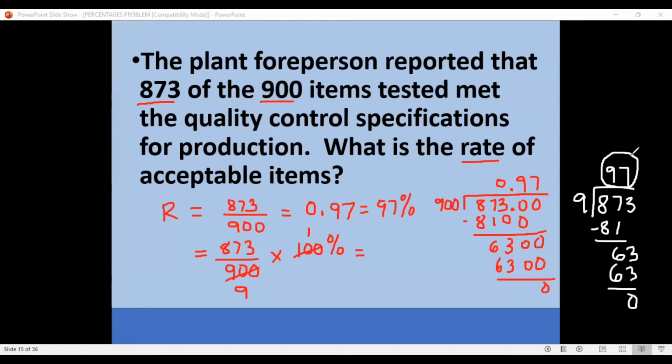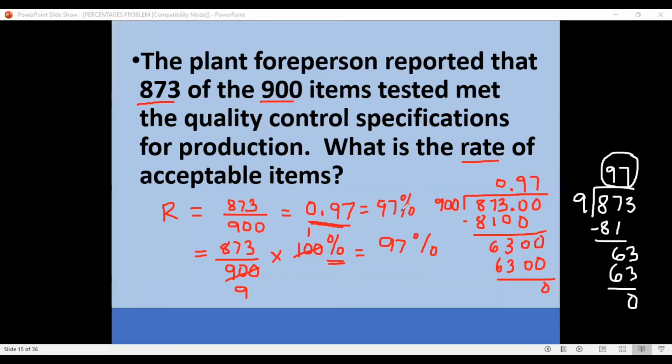If you check, you are getting right away the answer, which is now in percent form because of the symbol that you can see there. Therefore, the answer is 97%. Again, if you want it in decimal form, you can just divide the percentage by the base, and the answer you get is a decimal number.